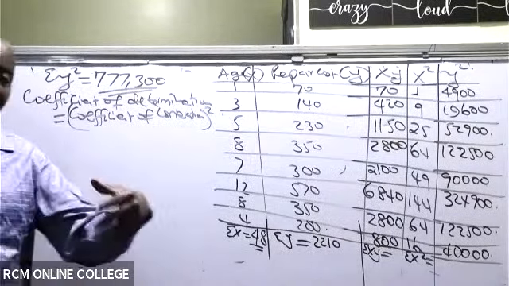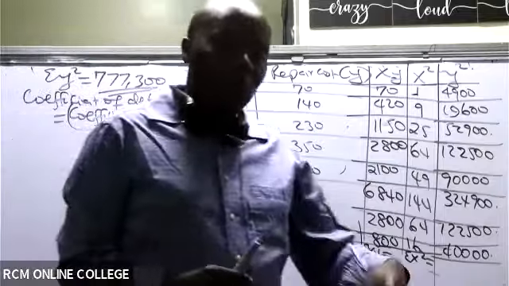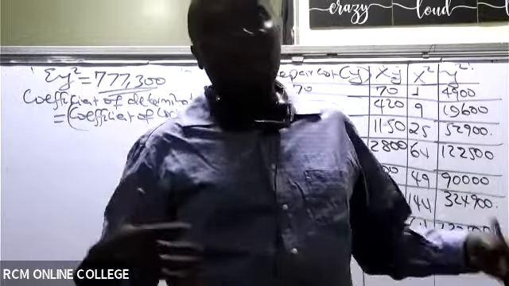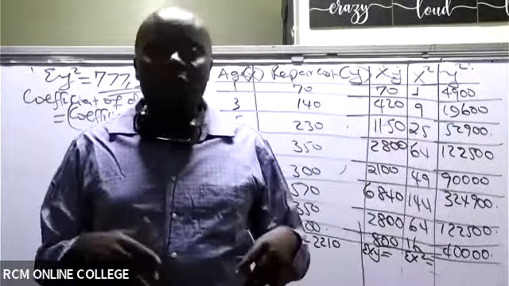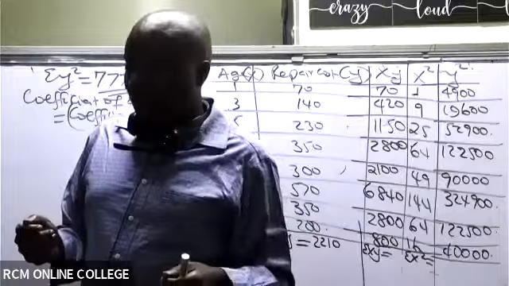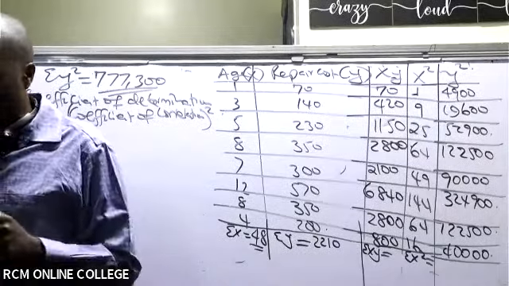So anytime they ask you to give them the coefficient of determination, always remember that this is a child of the correlation coefficient. You simply square the coefficient of correlation to get the coefficient of determination.